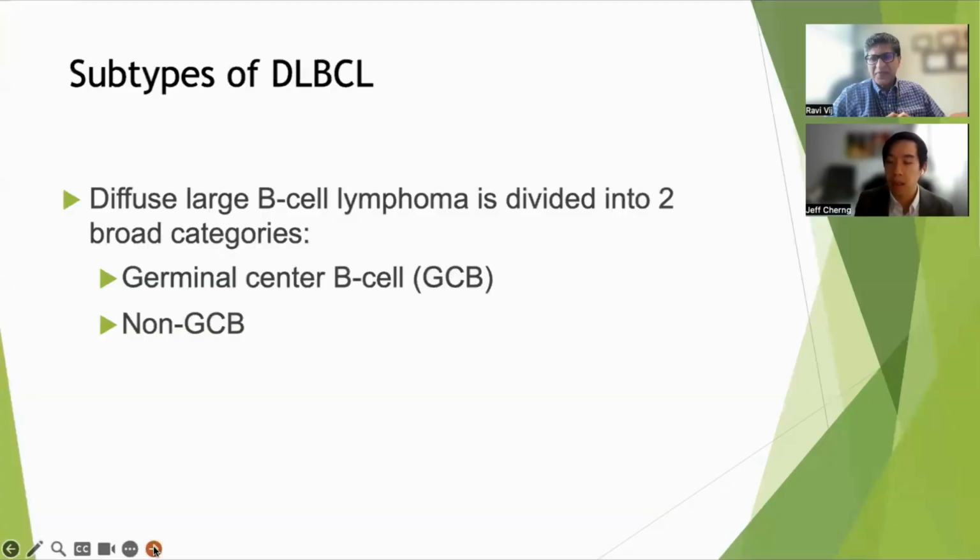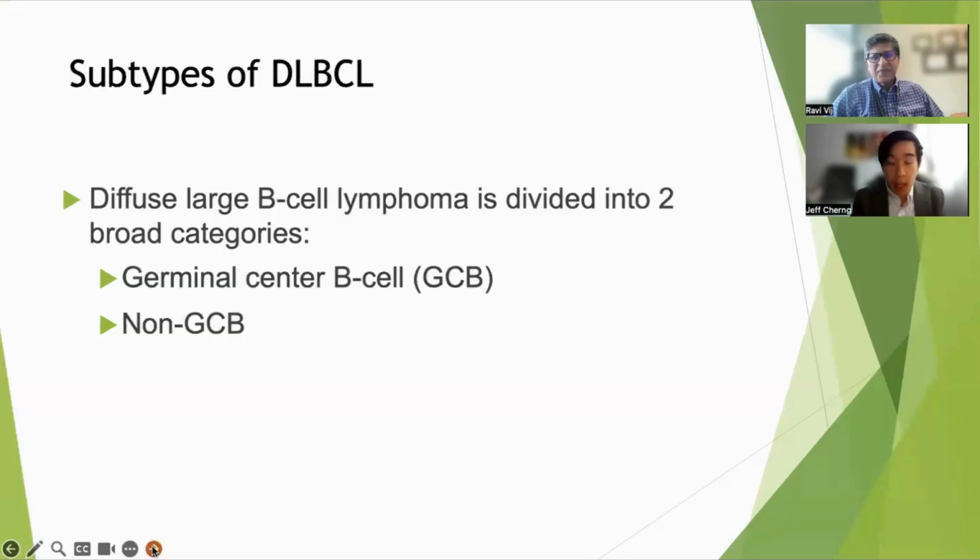And we look at expression of CD10, BCL6, and MUM1, which helps separate DLBCL into GCB or non-GCB subtypes. This algorithm misclassifies a small fraction of patients, but in general, it's a close enough approximation for our purposes.